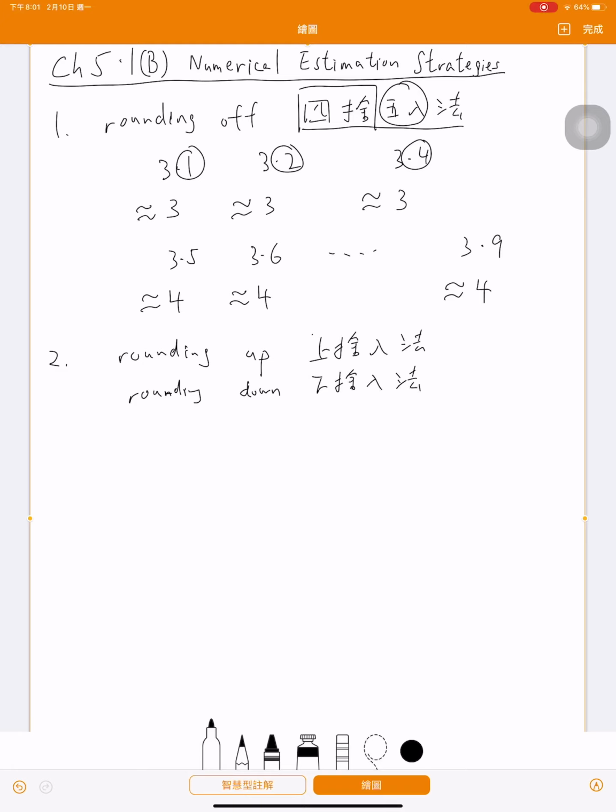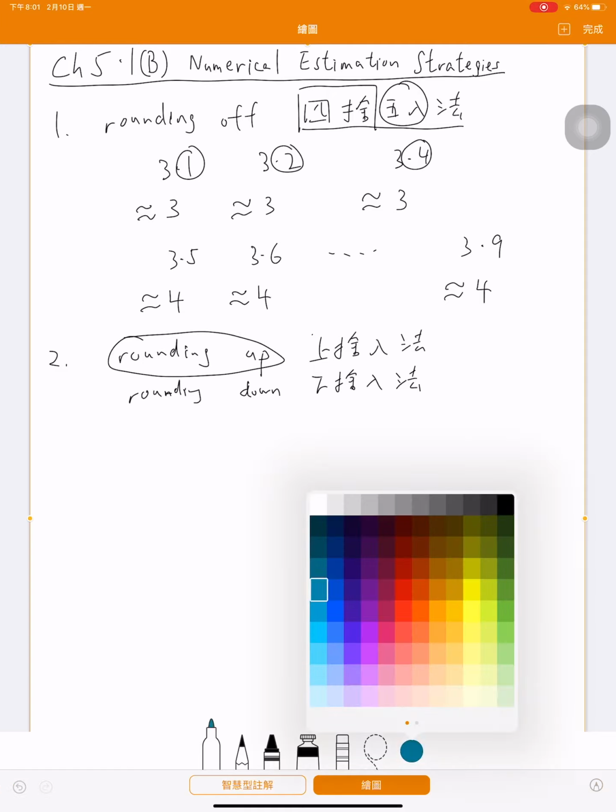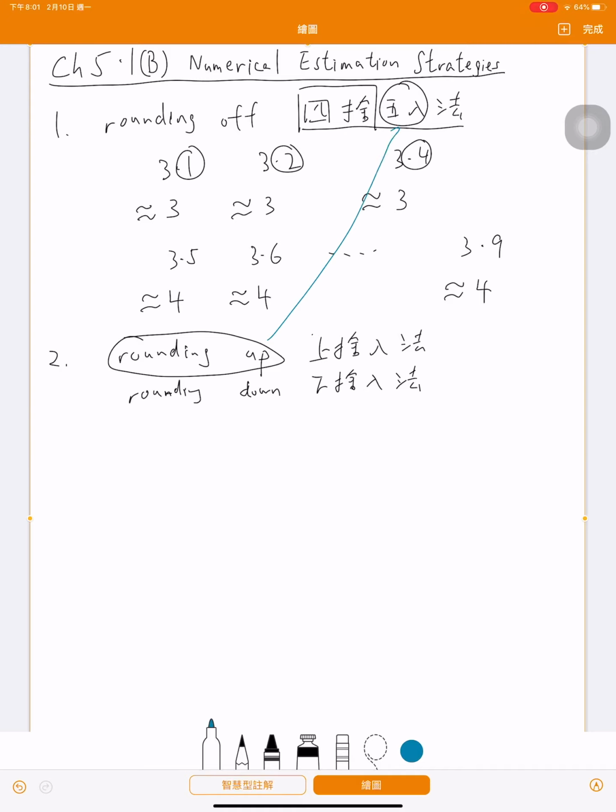In fact, rounding up is talking about this one. That means just like rounding off, when the number is greater than or equal to 5, the number increases to 4, right? For rounding up, for any number, it will always increase.